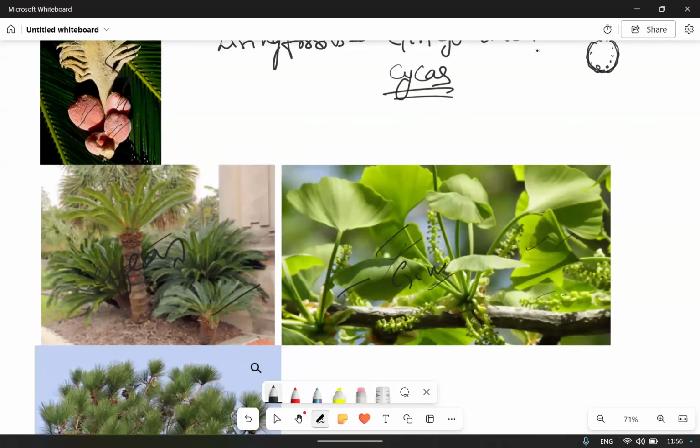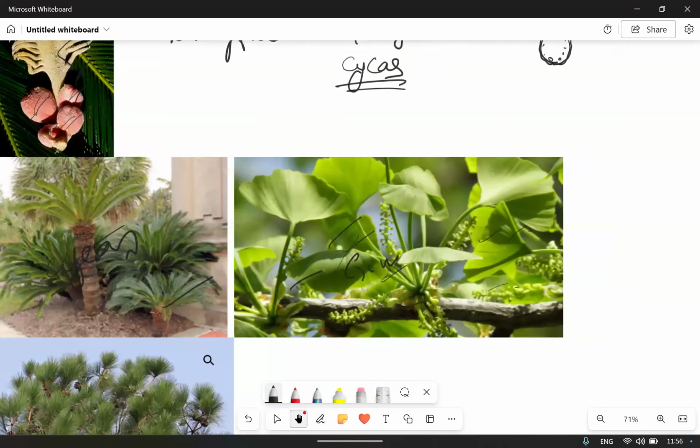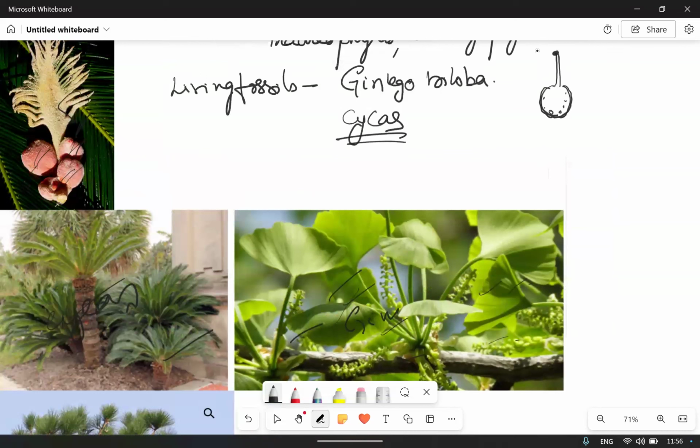Next. So what is this Sequoiadendron giganteum? That is commonly called the redwood tree of California.